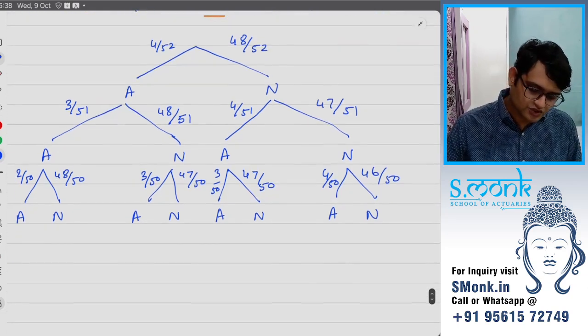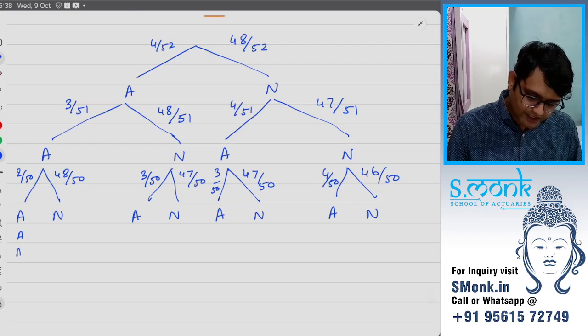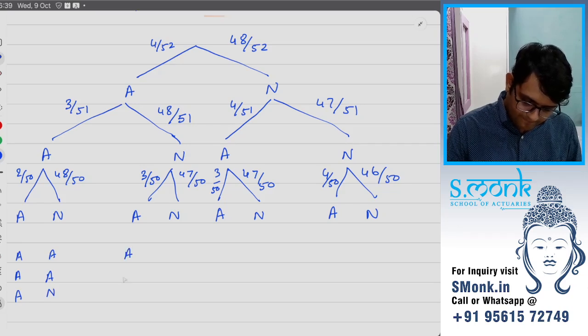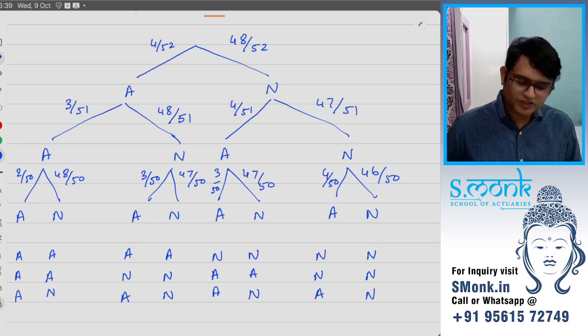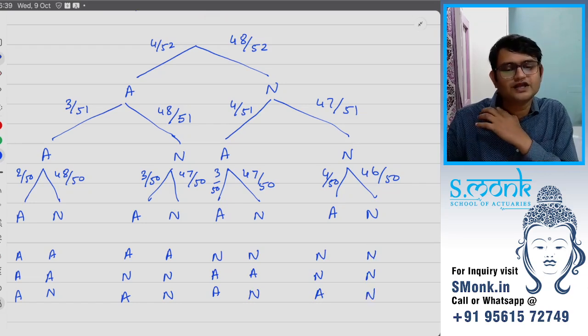So the possibilities of cards that I can get is AAA, or AAN, ANA, ANN, NAA, NAN. These are all the possibilities of selecting 3 cards.